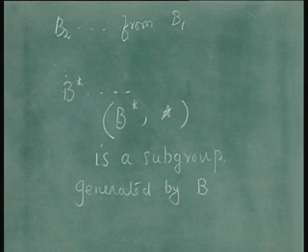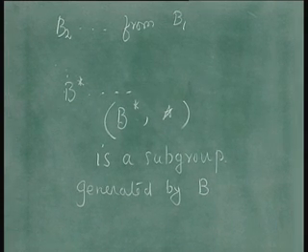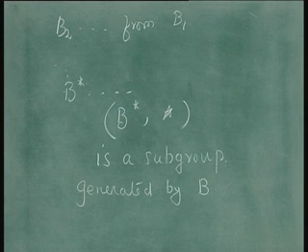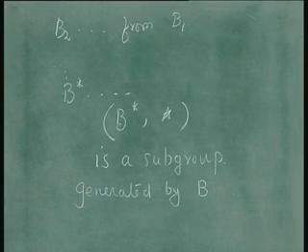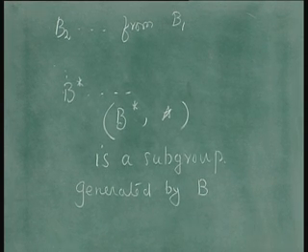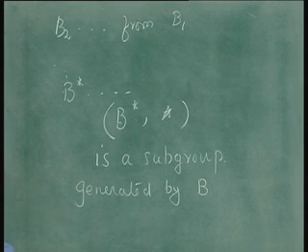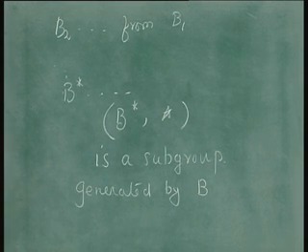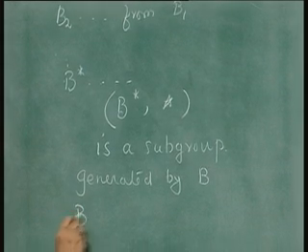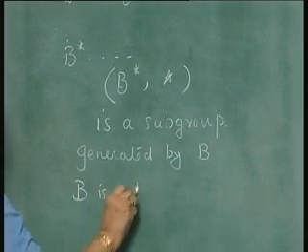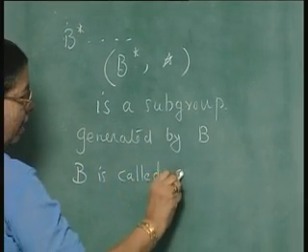Then B star star is closed. So, because it is closed, you get that it is a subgroup generated by B. And B is called a generator.